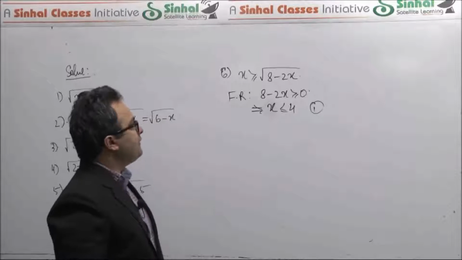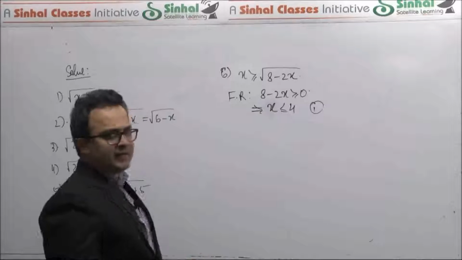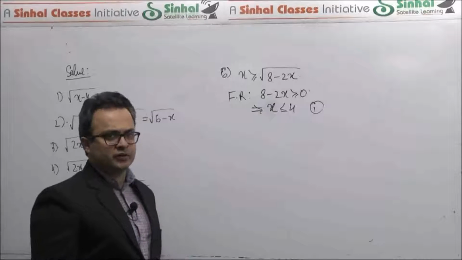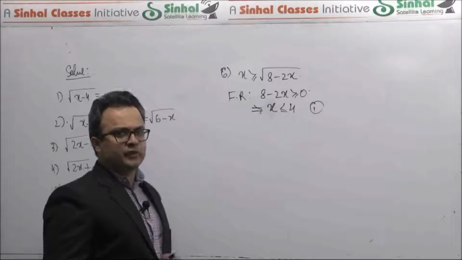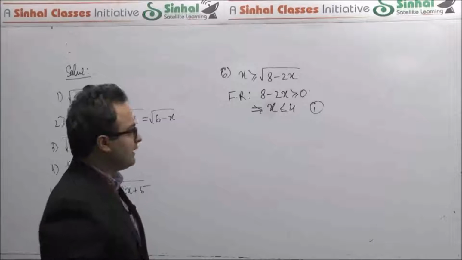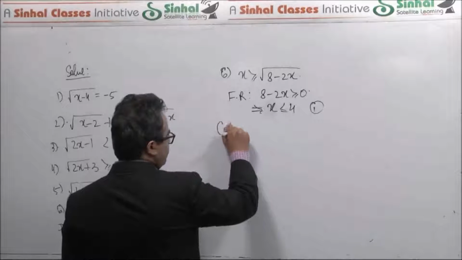Now we cannot really square both sides, because the left hand side might be positive or negative or 0. So we can't just simply square both sides. Squaring is something which you can definitely do only when both sides are non-negative. So we should take multiple cases now.